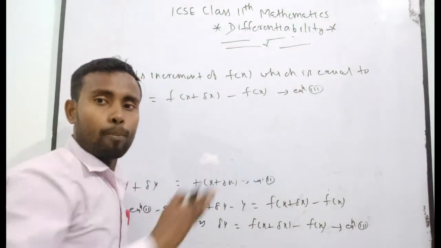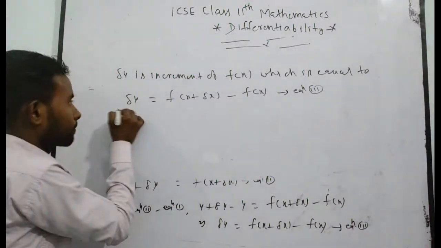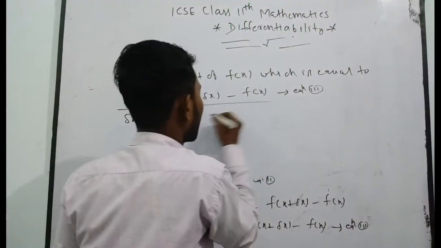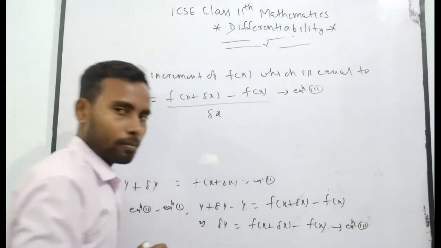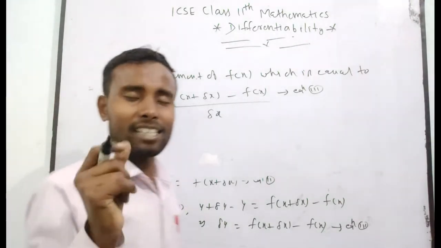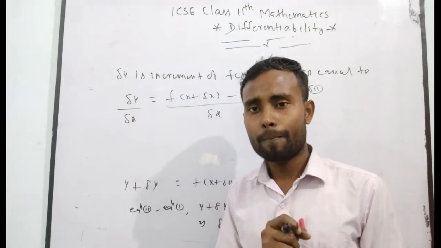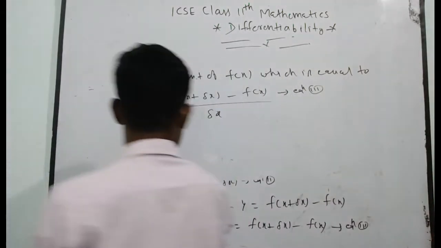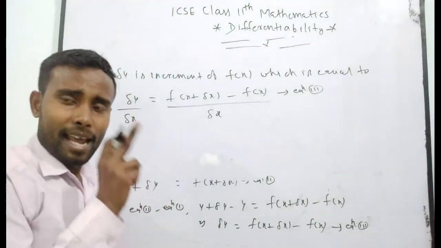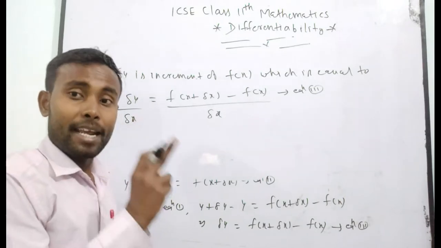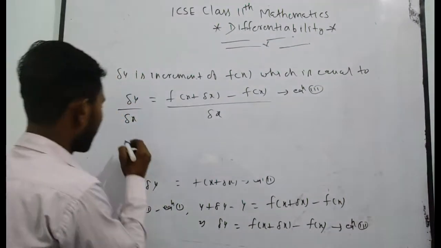After dividing on both sides by del x, what do you get? As you know that del x, or h, is a very small positive quantity.